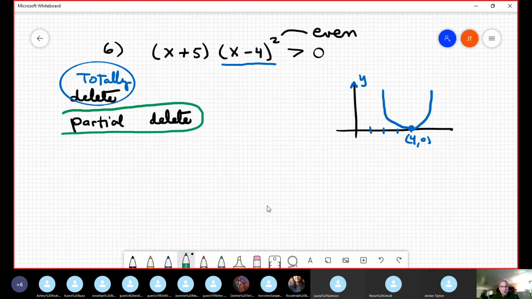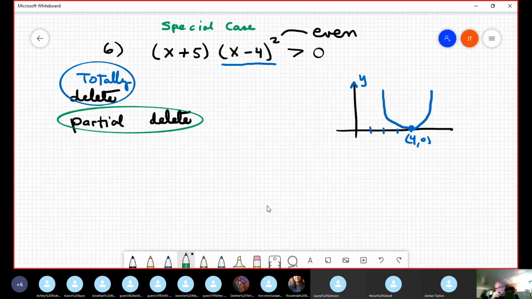So, professor, we cannot do this problem in the traditional way. You can, of course, but you need to be aware that this is a special case, a special inequality, that you solve super fast, relatively easily. So, you realize one factor has an even exponent.